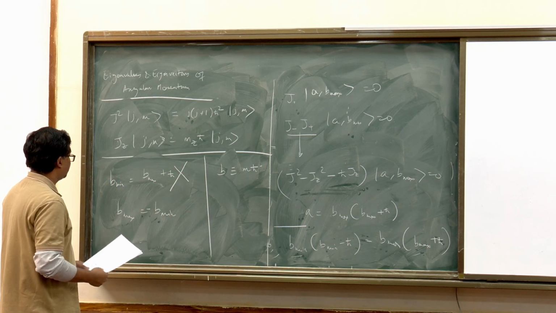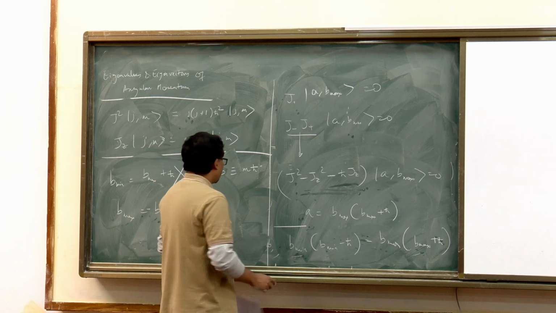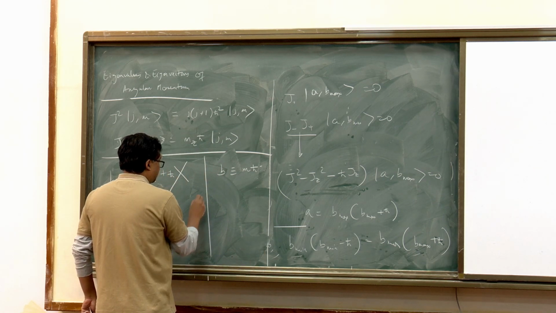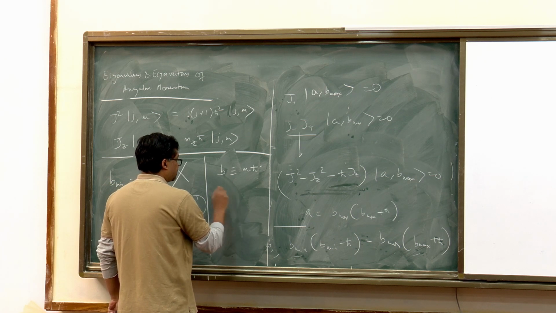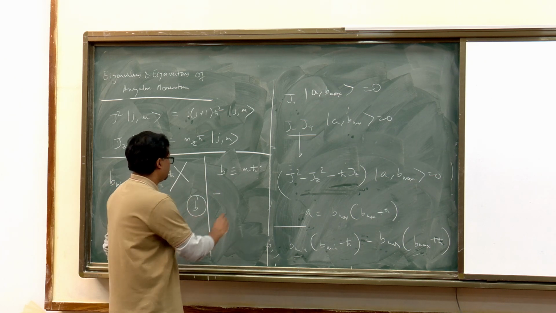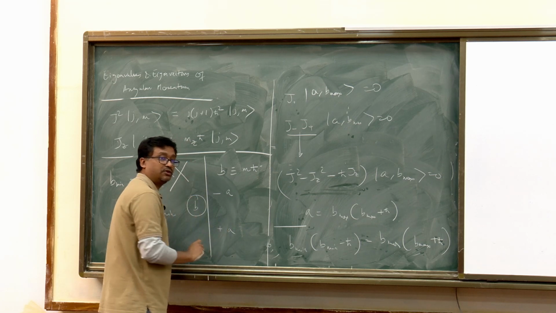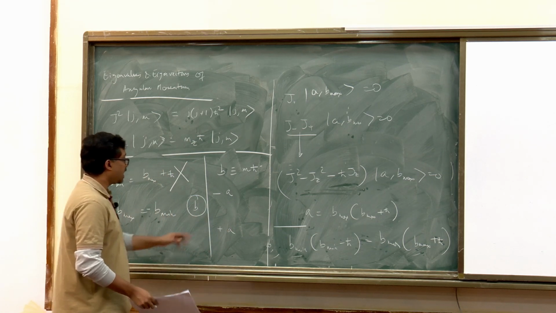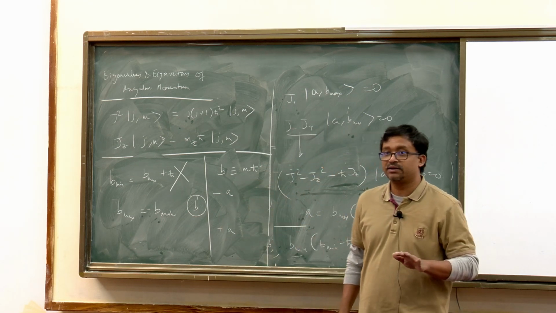Now, why integer? Let me think about something. Suppose I have some quantity that goes from some value minus a to some value plus a, and then I step down in integer multiples of h bar, right.